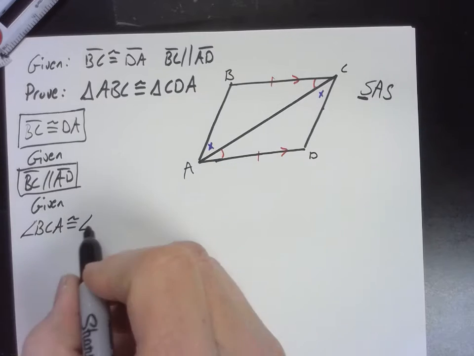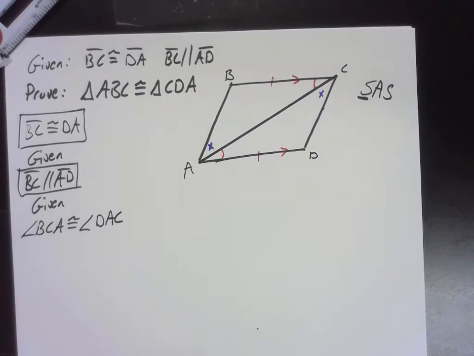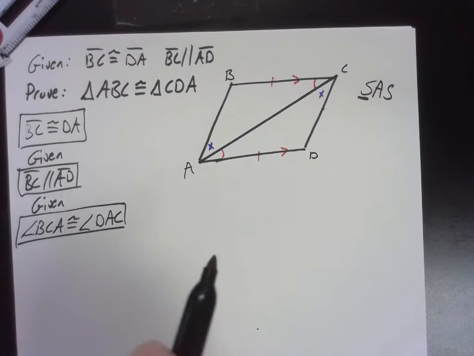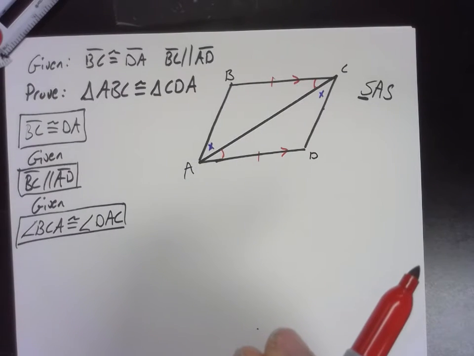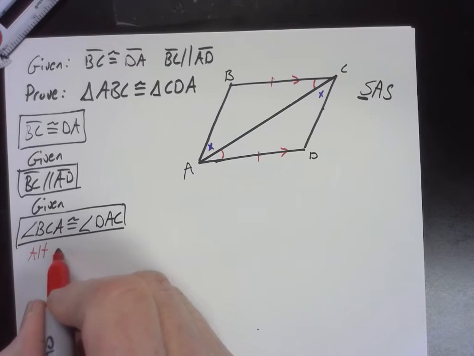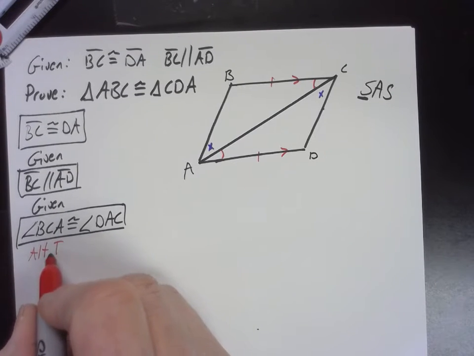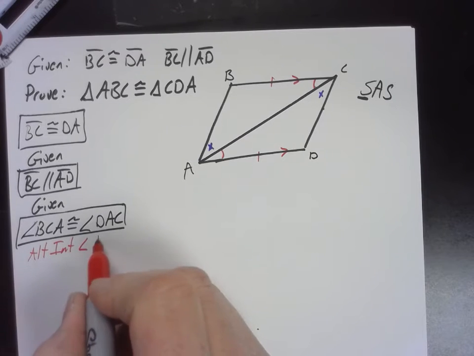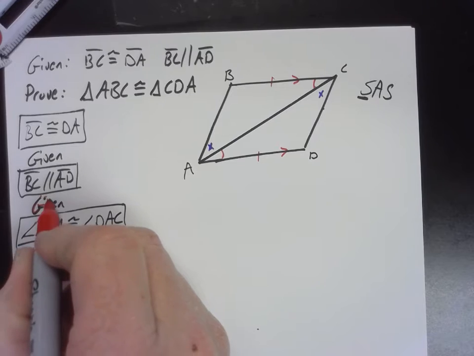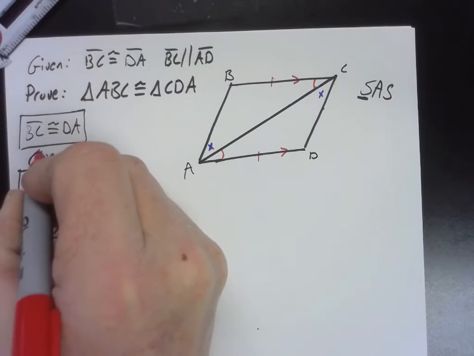Okay. DAC. So we want to name them in the correct order. And what's our reasoning again? Alternate interior angle theorem. This was given.